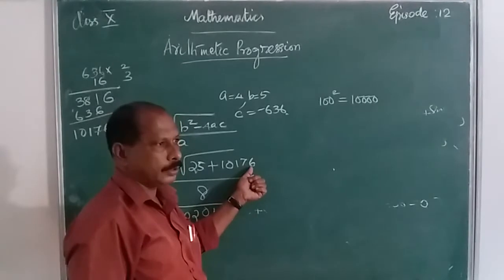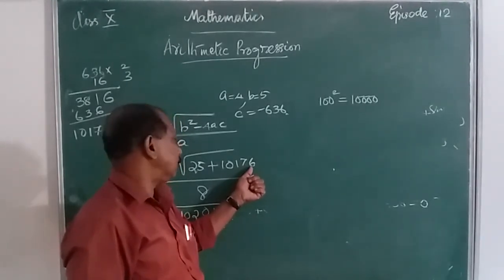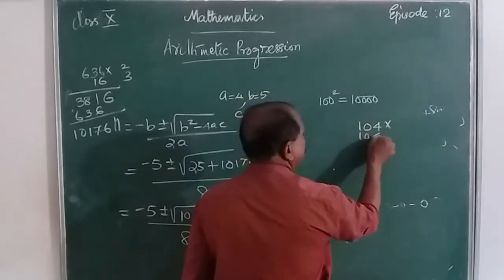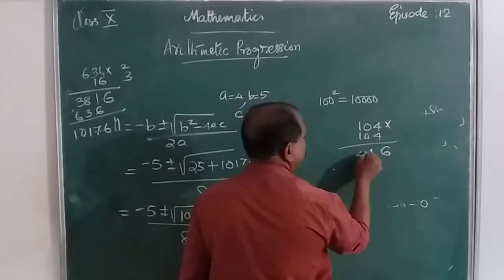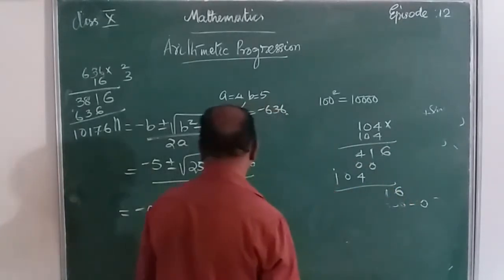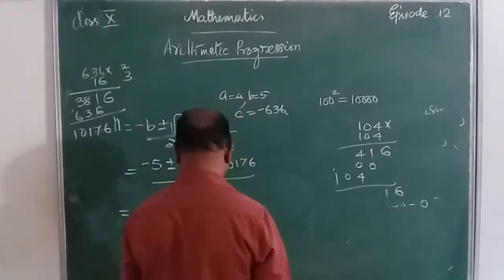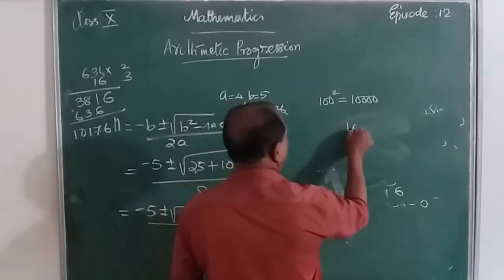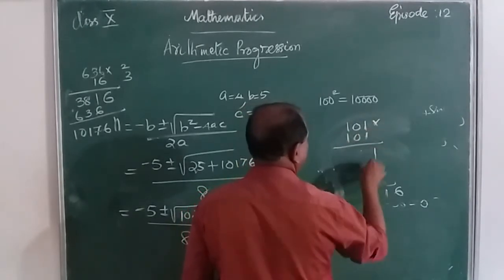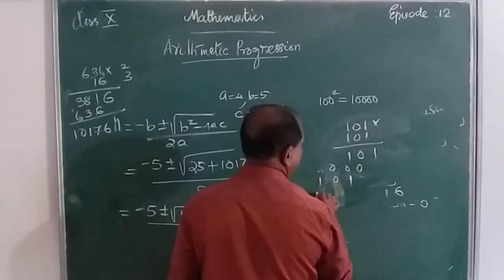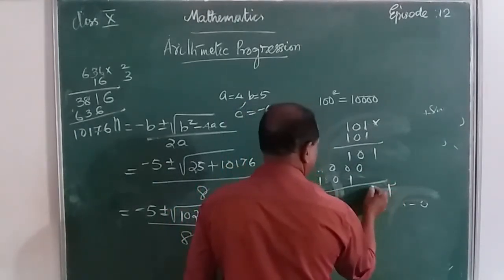The last digit is 1. 1 into 1 is 1. 10 into 10 is 100. 101 into 101 is 10,201.